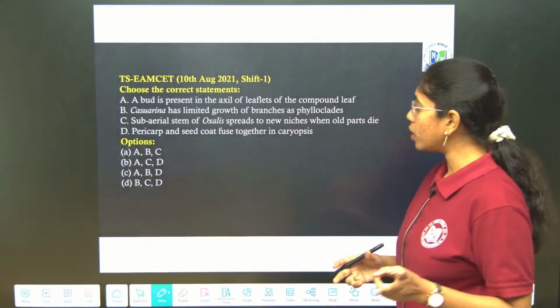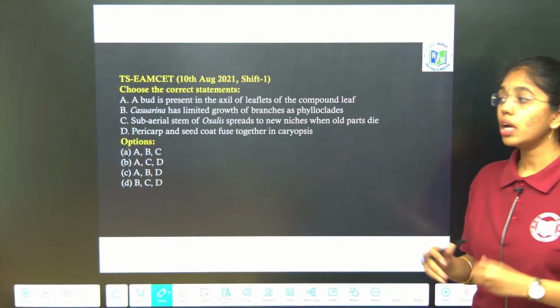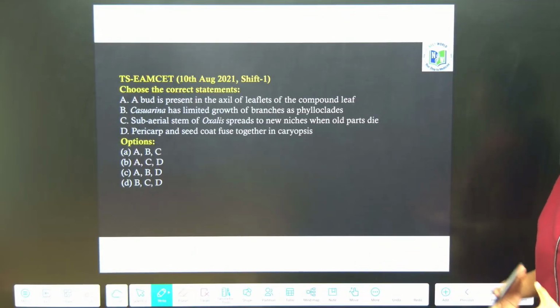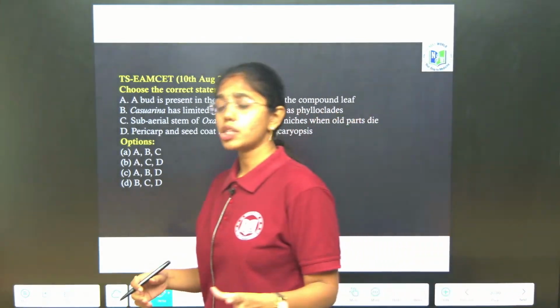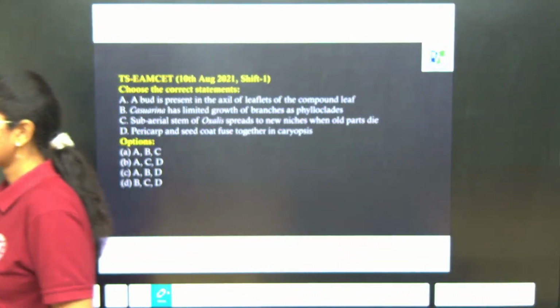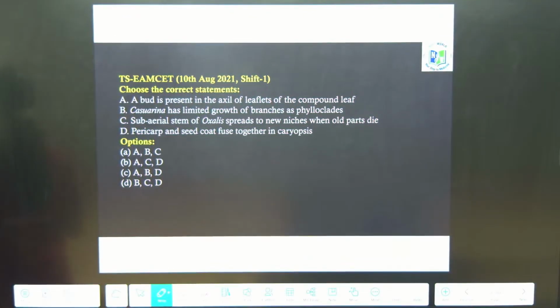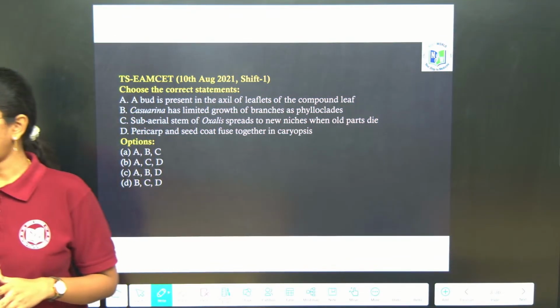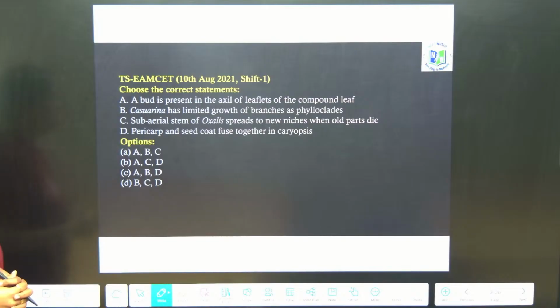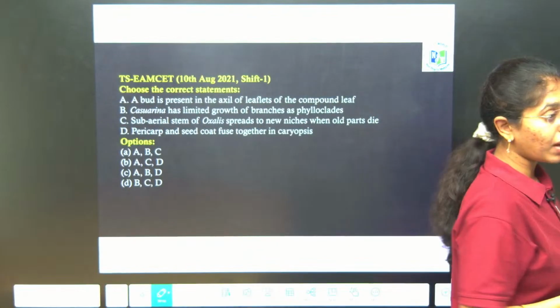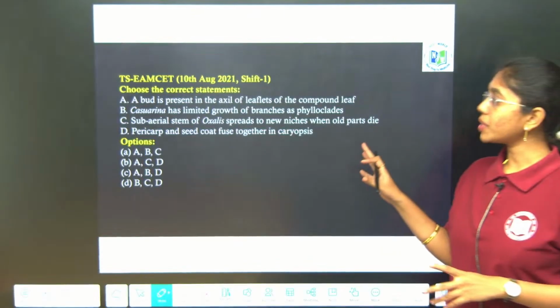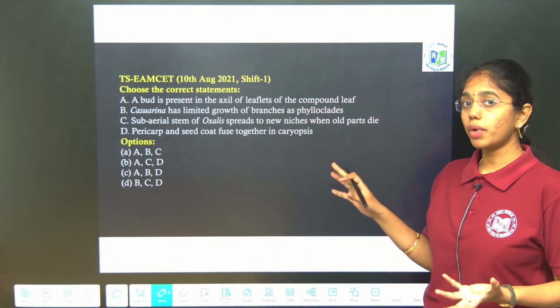Next, you see, this is the statement based question. I will give you 2 minutes of time, just look into this question, try to answer, and then all of us together will be solving it. You can drop your answers and explanations in the chat box. Look into each statement clearly, ma, wherein many concepts are involved here, not just leaf modification.